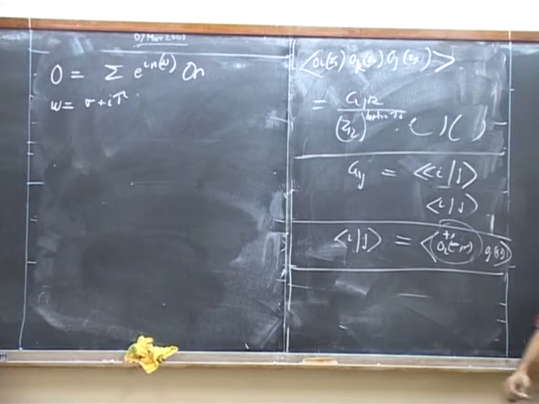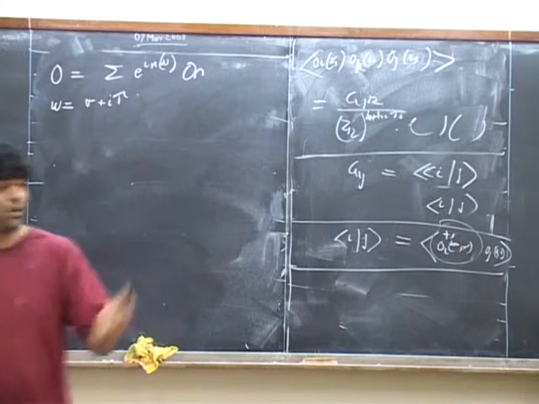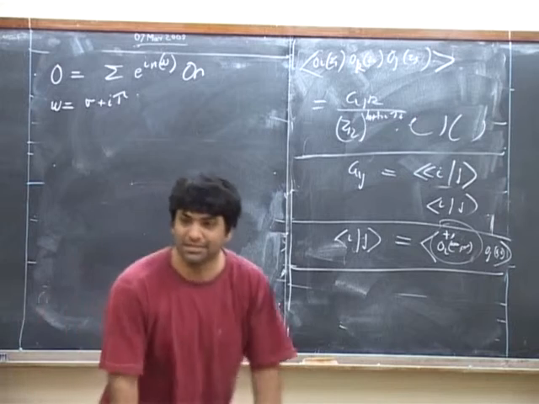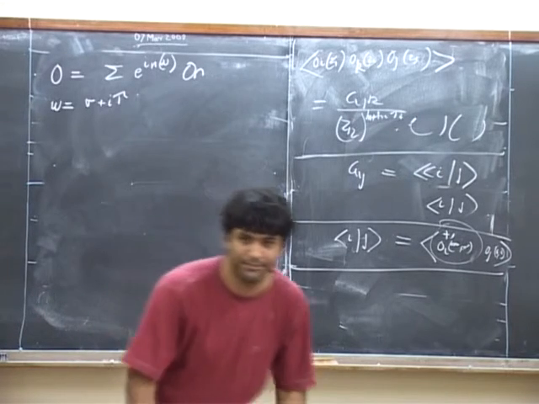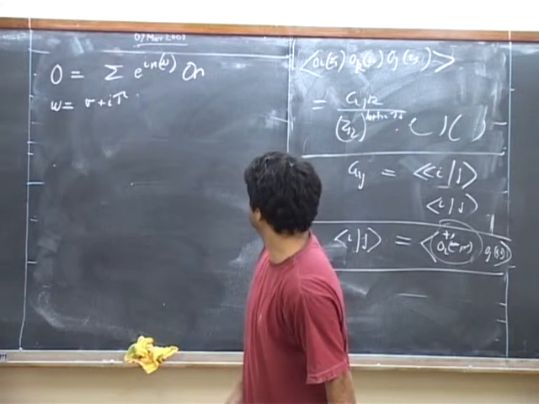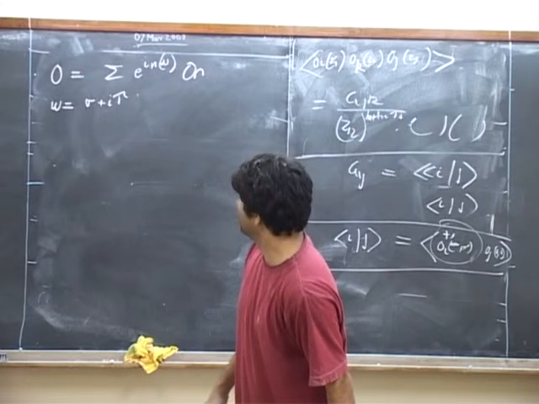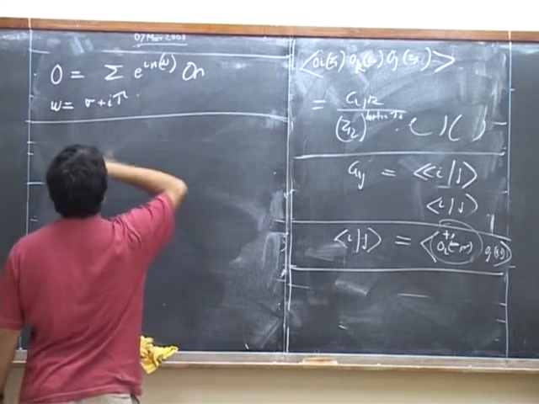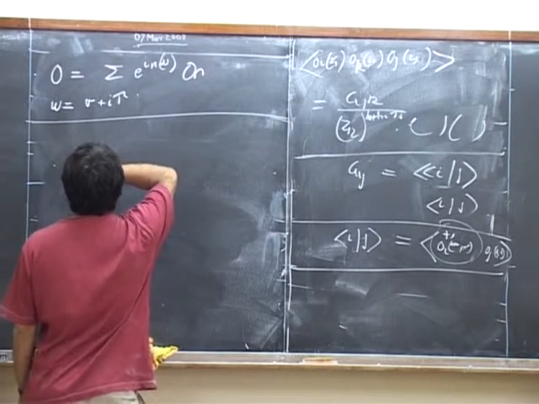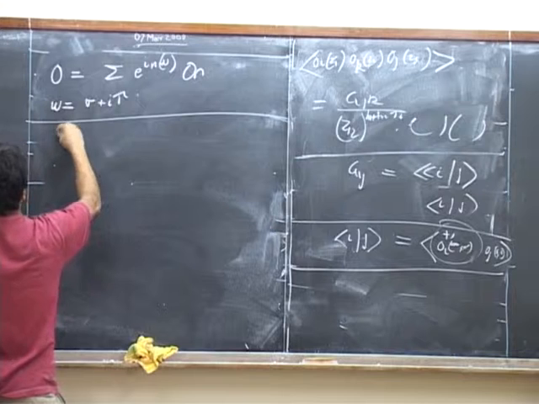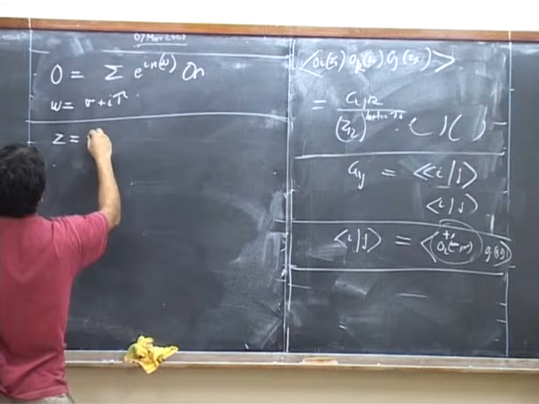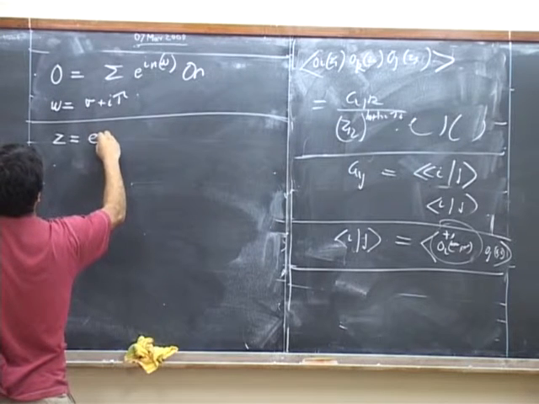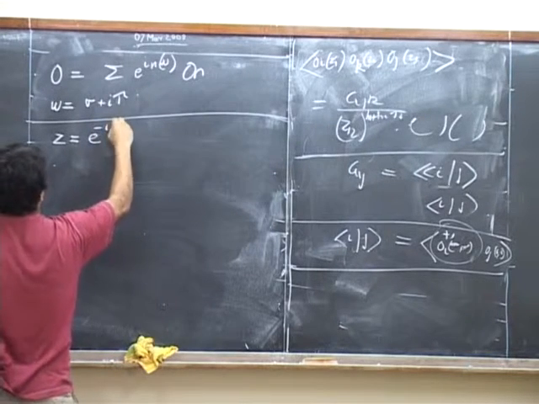Now let's remember the definition of our Z coordinate. Maybe we should stick to Cauchy: Z is equal to e to the power minus i w.